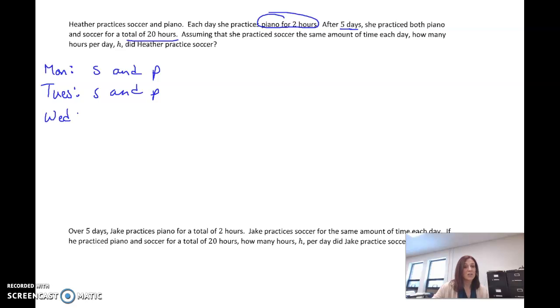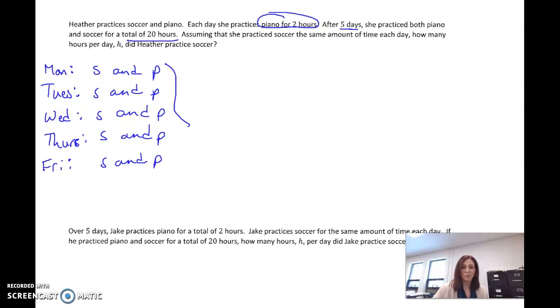On Wednesday, she practiced soccer and piano. And we're going to keep going. She did this for 5 days, right? I know my writing's getting sloppy, but I'm going fast here. So if we just said she did her weekdays here, it doesn't say that, but those are 5 days. So after 5 days, she practiced both soccer and piano for a total of 20 hours.